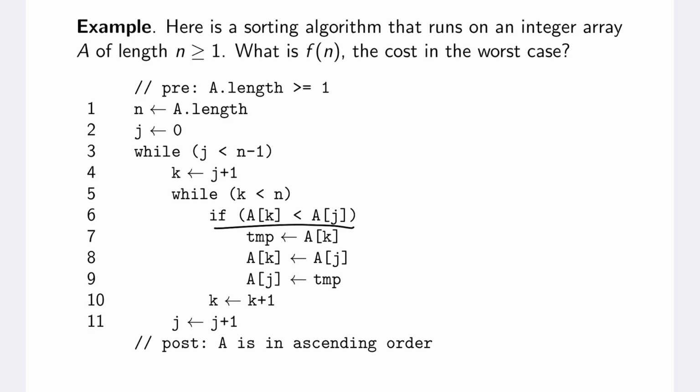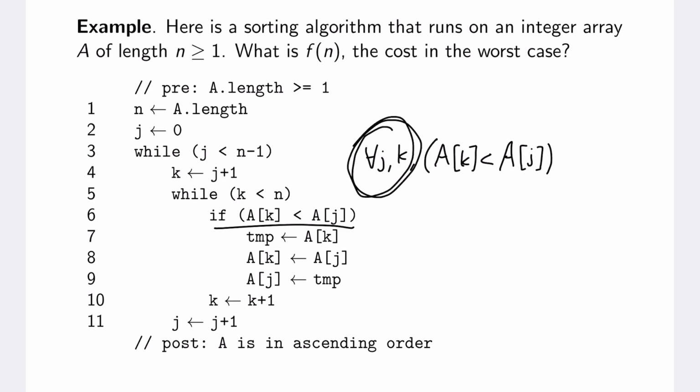I'm pretty sure that if you said something like, for all J, K, A at K is less than A at J, I'm pretty sure that's impossible for all j and k.